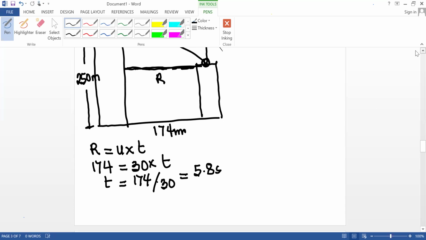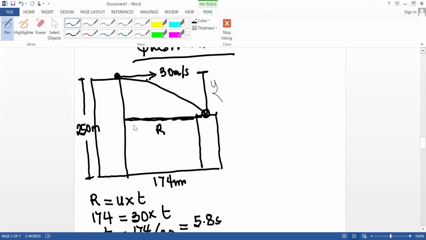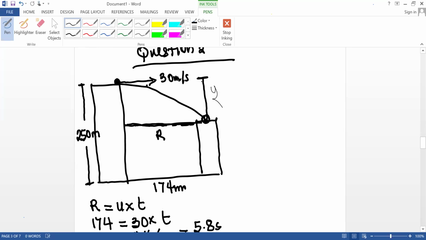Note that it takes equal time to cover a horizontal distance and to cover a vertical distance. So the time taken to cover the range of 174 will be the same time to cover y. So using y is equal to half g t squared, you can determine y.